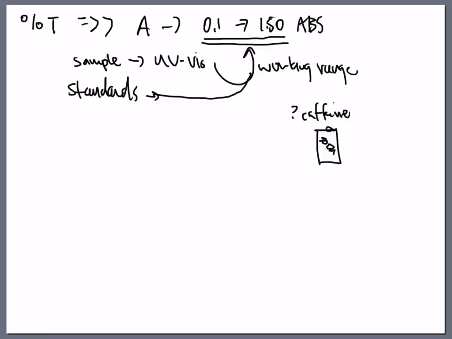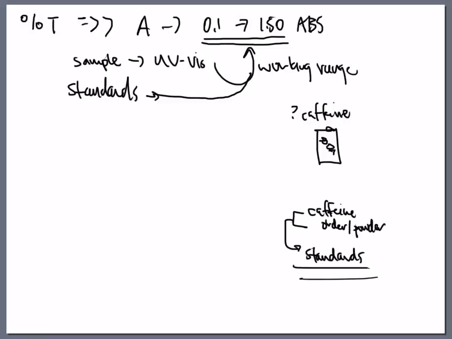Well, that probably means that in a laboratory, I'm going to have standards of caffeine. So caffeine that I have ordered. This is a powder that I will weigh out and make samples with, and this ordered caffeine are my standards. These standards that I make have to be in that working range.